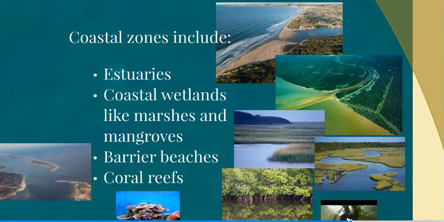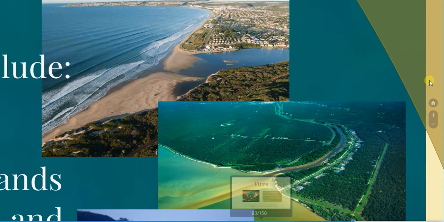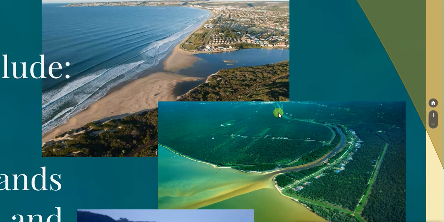We have a mix of water here. So an example of an estuary would be these two photos here. See, we've got the fresh water flowing into the ocean, and we have the ocean water here. This zone here would be considered an estuary. It's where the water is a mix between the two.